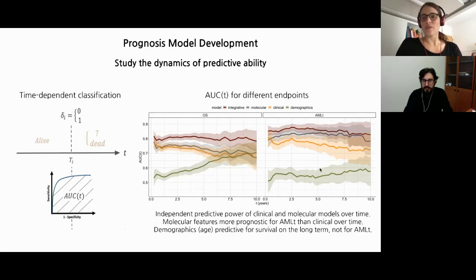While for AML transformation, age is not predictive, and the most predictive features are the molecular features, so the integrative models have a fairly constant 0.8 AUC over time.